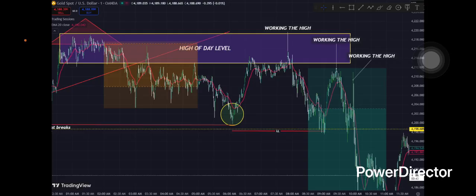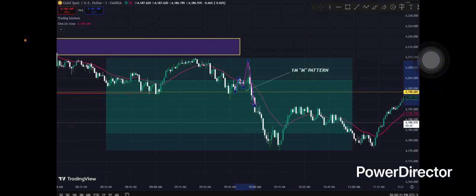So since we're looking for a pump and dump, when the market pumps up, we're looking for it to print an M pattern, okay, to reverse and go lower. And here's our 1 minute M pattern. Now, something to understand here is that this pattern appears different on different time frames.